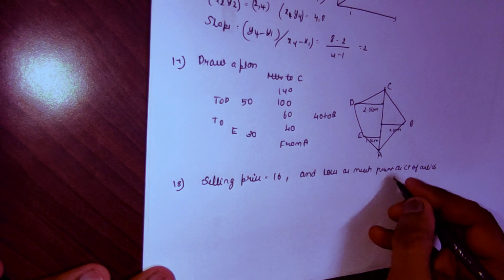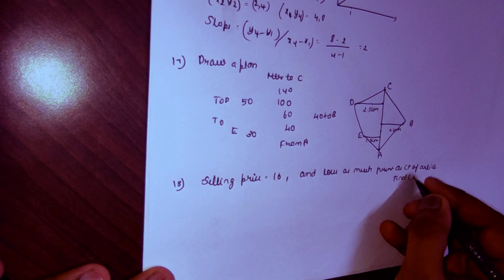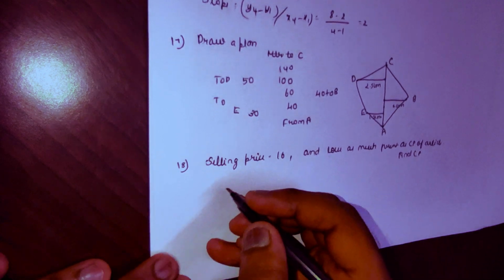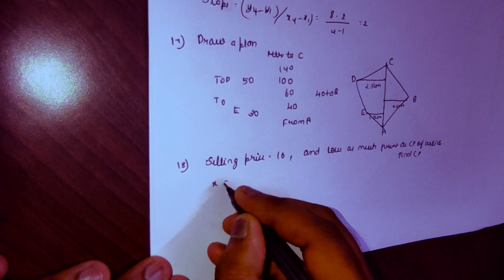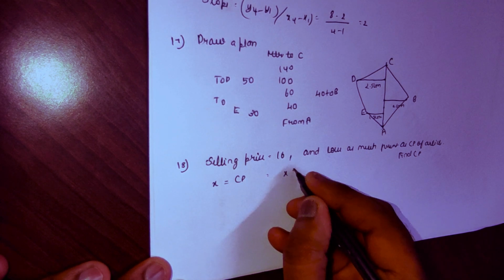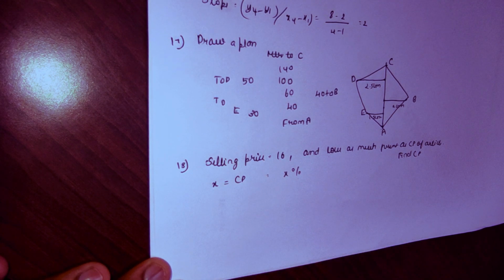We have to find the cost price. Selling price is given, so we'll consider x as the cost price.